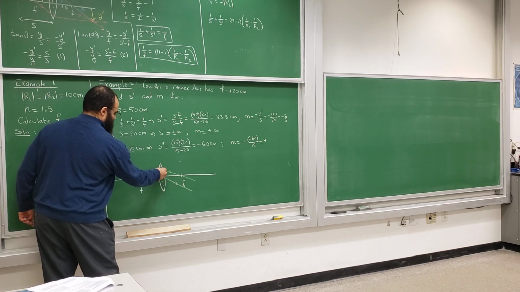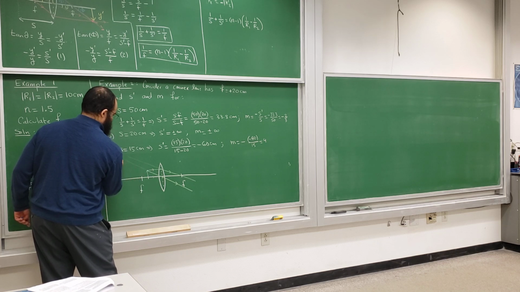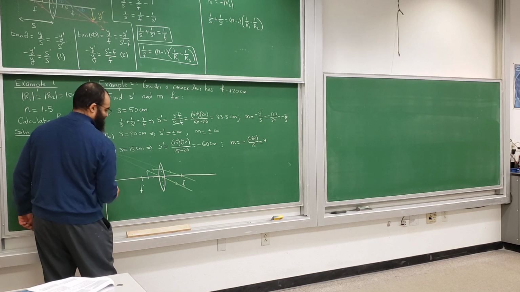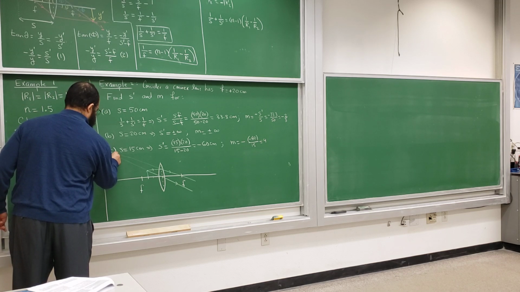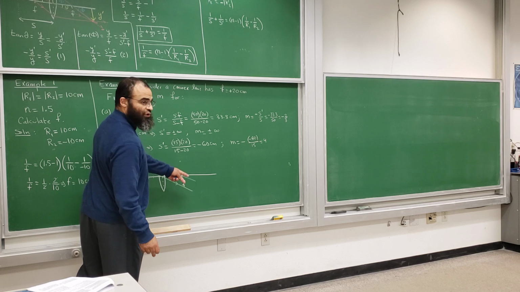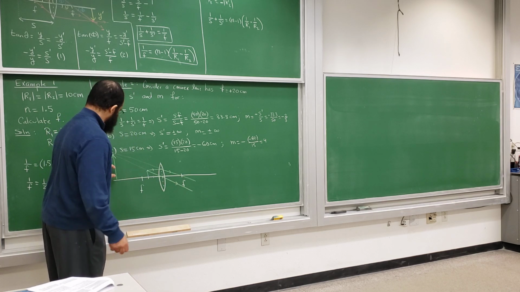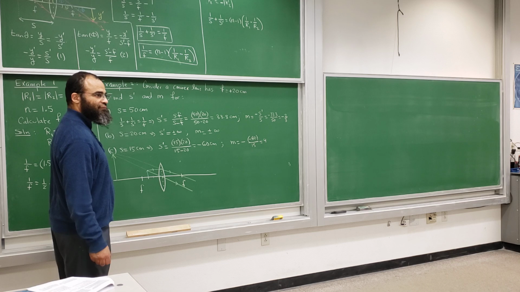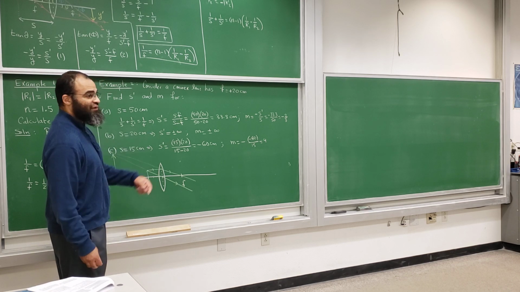They won't meet, but here is their extension, somewhere here. That's their extension. And so it's a virtual image because it's not on the same side as the outgoing rays. So this side, and it's about 4 times, and it's upright. Magnification is positive.